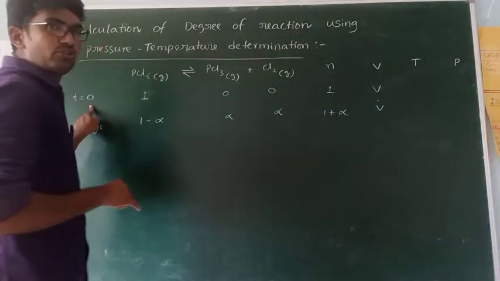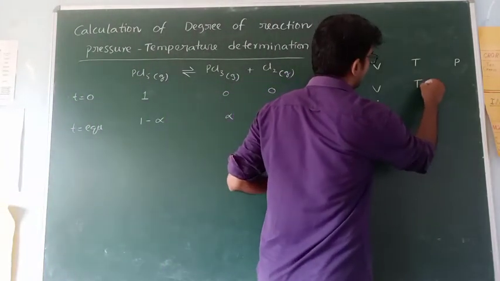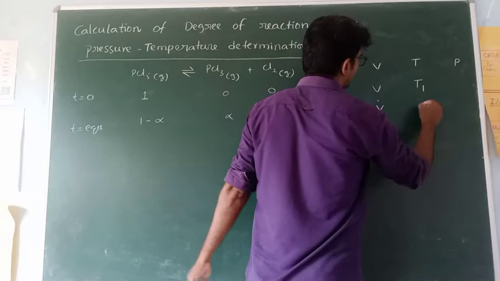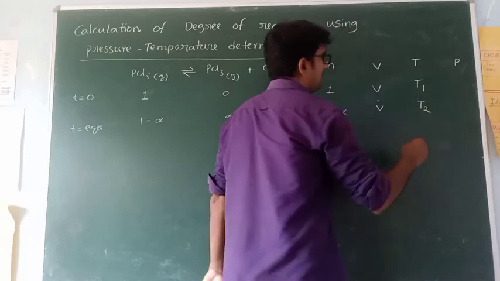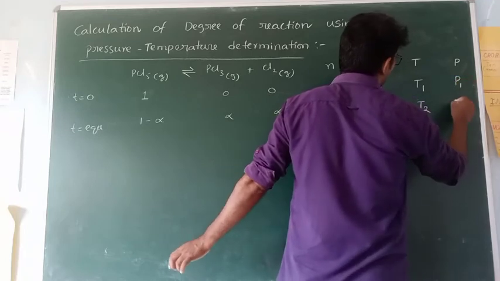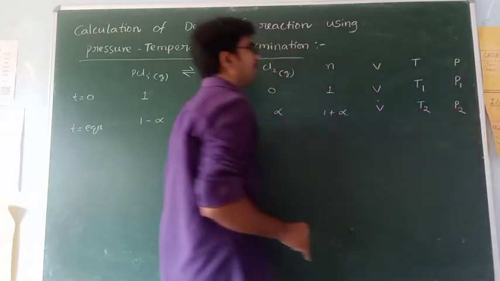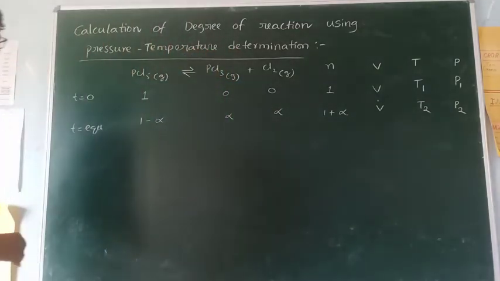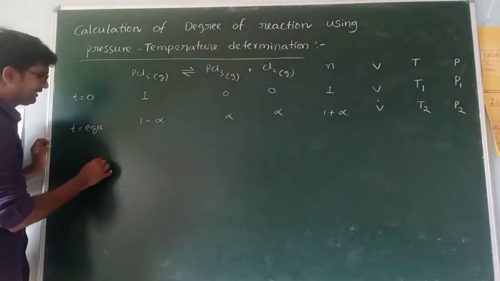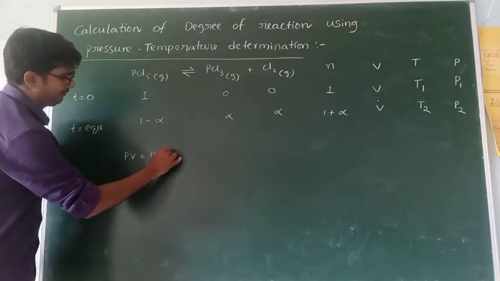At t is equal to 0, at initial time, we take the temperature as T1. At equilibrium the temperature is T2. Similarly, at initial time the pressure is P1, and at equilibrium the pressure is P2. Now apply the ideal gas equation, which we know very well: PV equal to nRT.